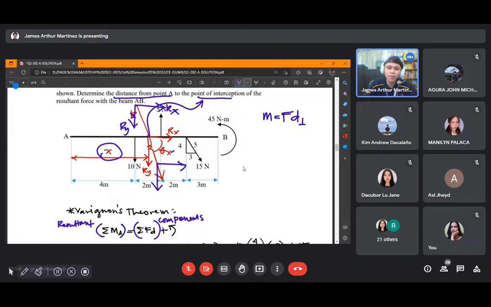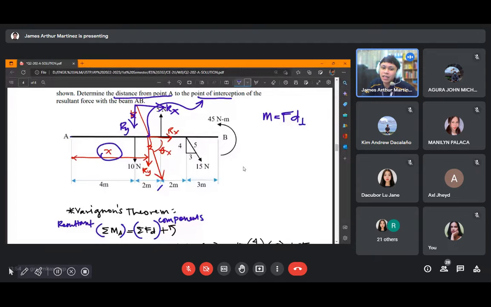Now we place it at a strategic location. Where do we put it? Of course, at the point of interception.